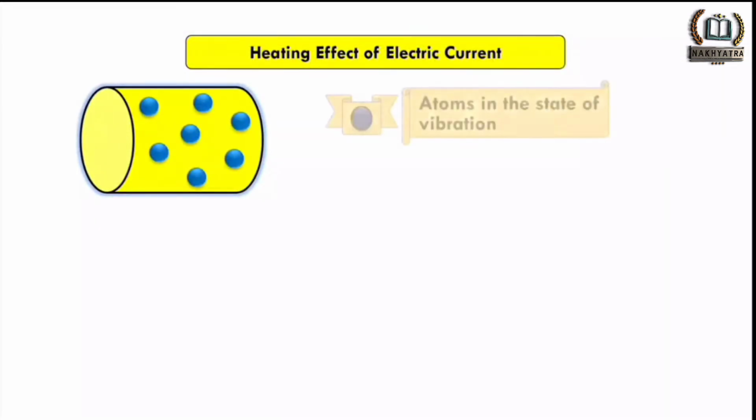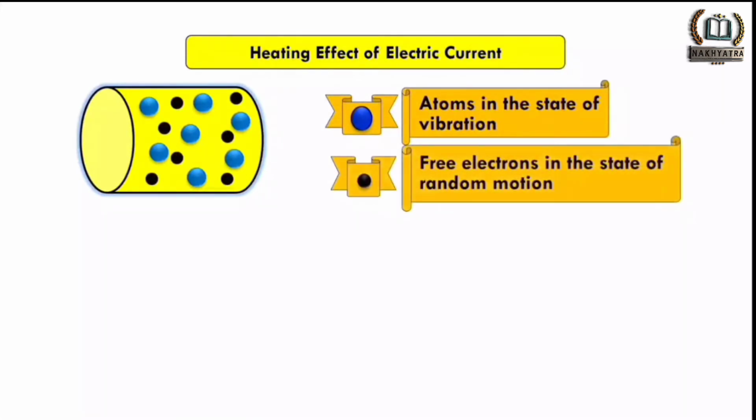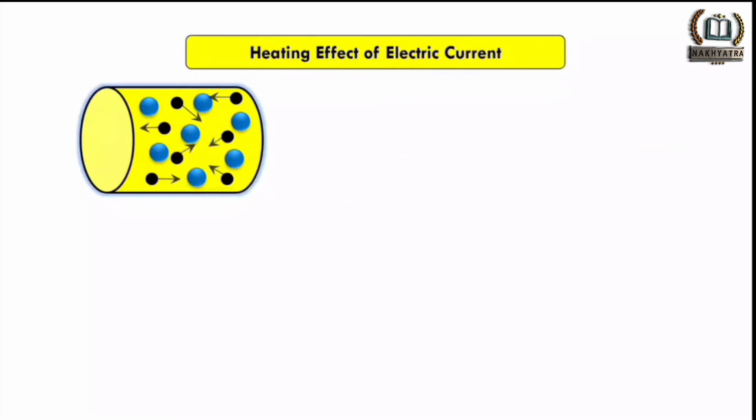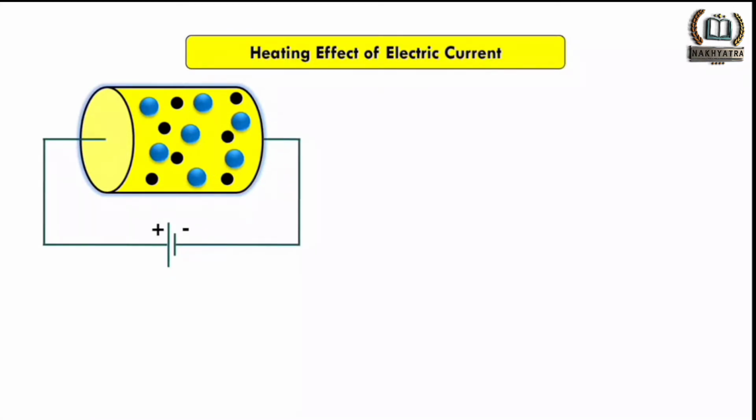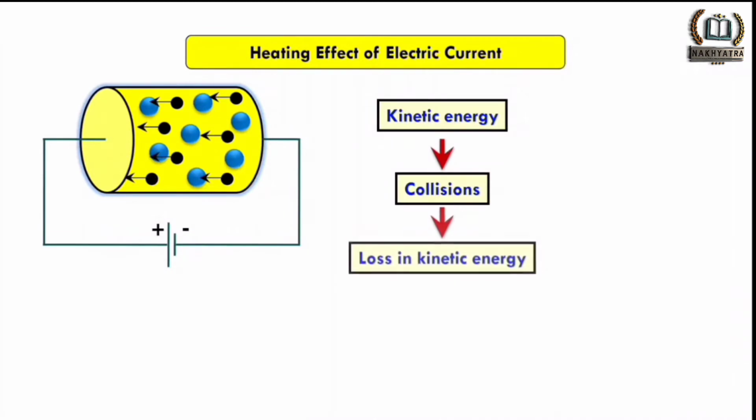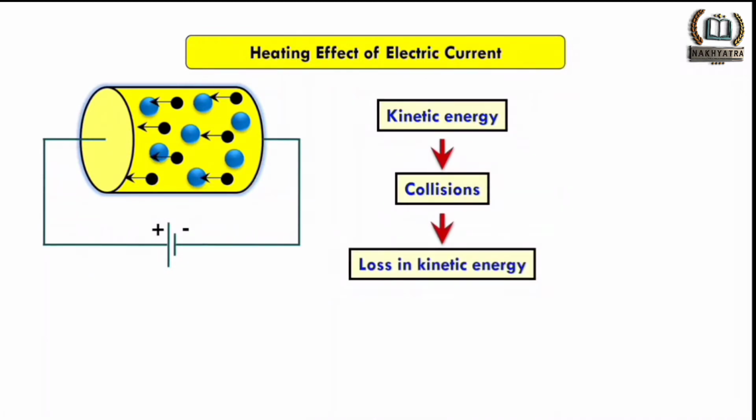So this is a conductor where atoms are in a state of vibration and the free electrons are in a state of random motion. You can see here, these are in random motion. Now we connect it with a circuit, and we can see that since the electrons are moving within the conductor, it creates kinetic energy. And the kinetic energy is converted into heat energy.